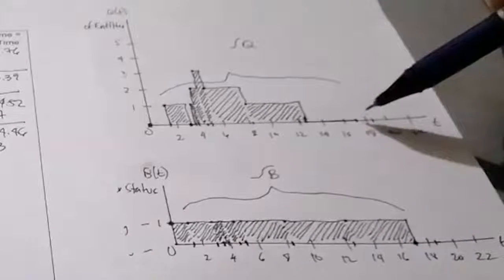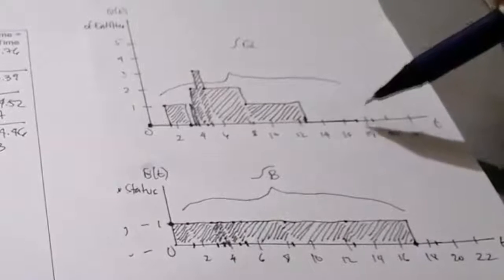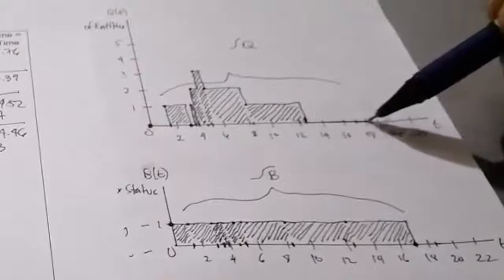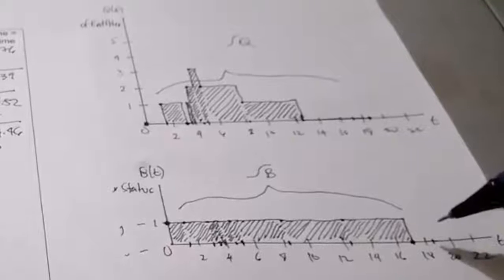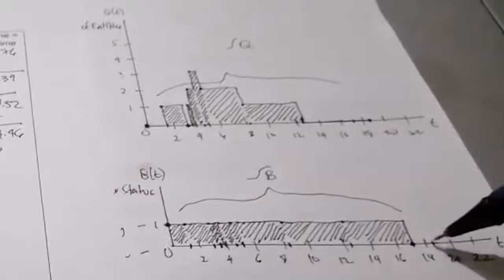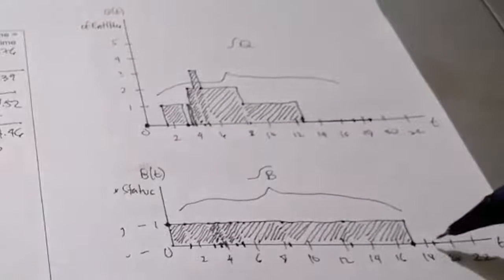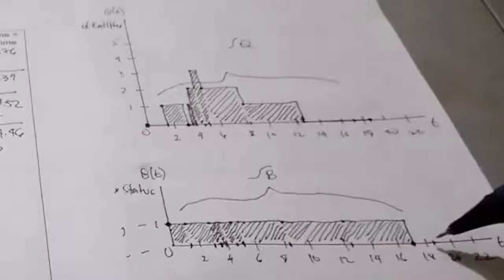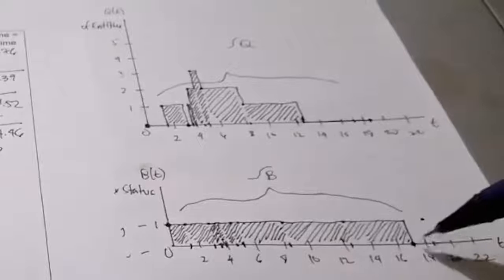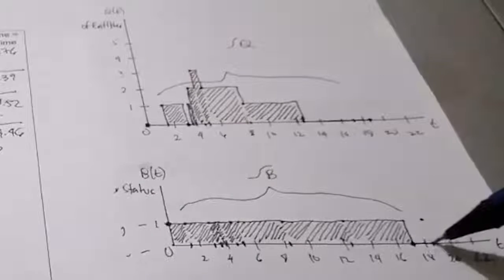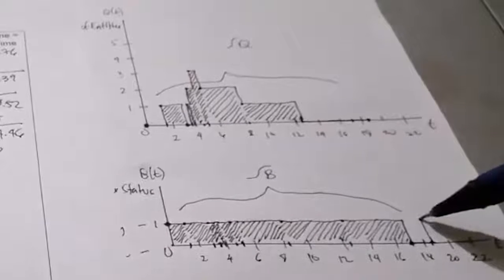Hindi na siya nagstay sa queue. So, ibig sabihin, 0 pa rin ang QT. Pero si BT, syempre, naging busy si server nung pagdating ni customer number 6. So, pataas siya. So, ibig sabihin, pataas ang ating pagdrawing.